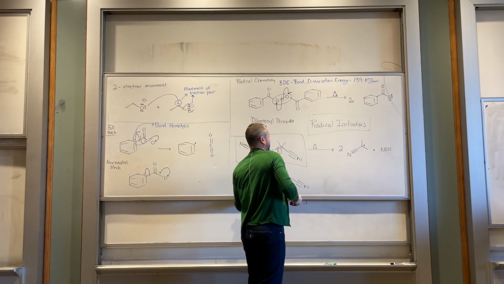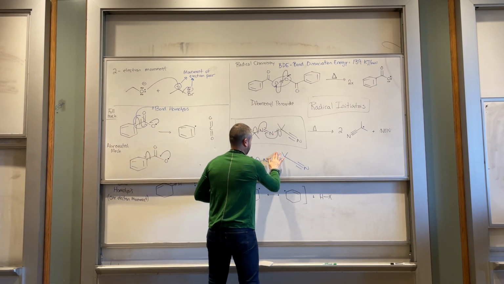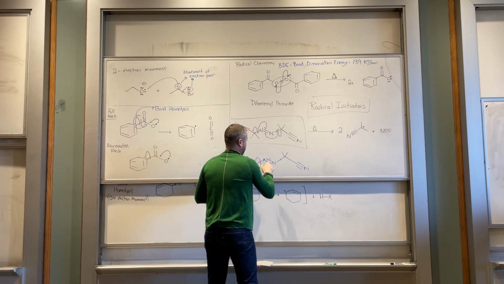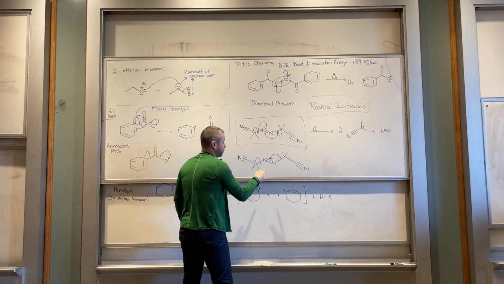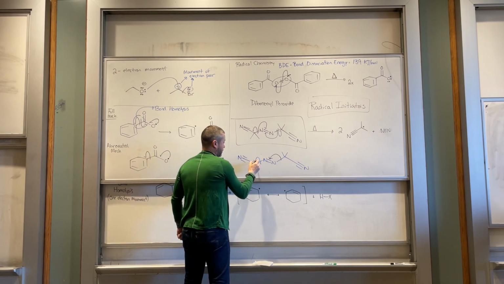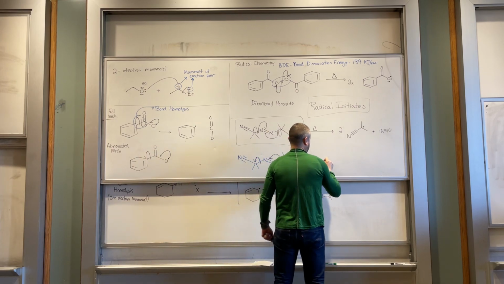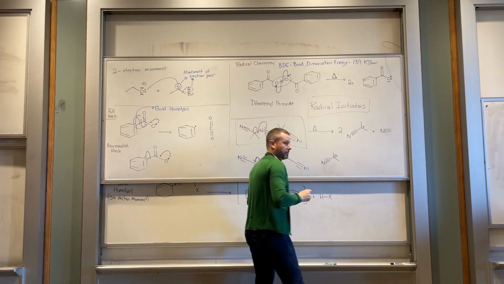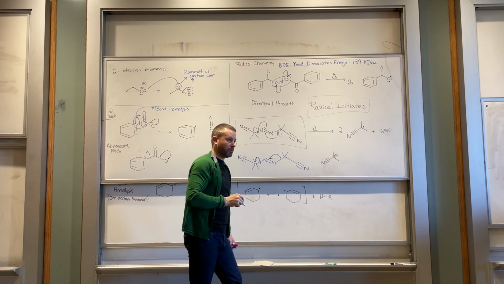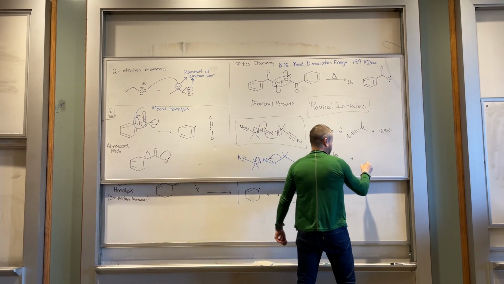If you can imagine that we're using 2 electron movement, I'll use this as an example here, we would make nitrogen, that's good. But in addition, we would make kind of an enolate, an enolate of a nitrile, and that's relatively stable.